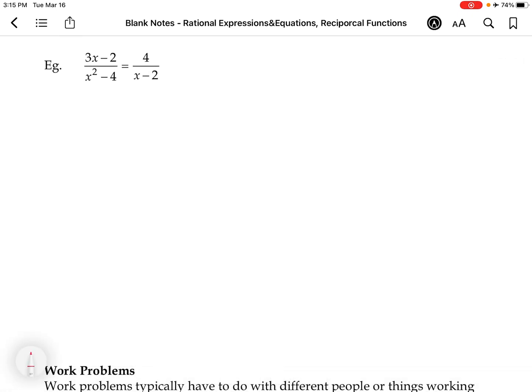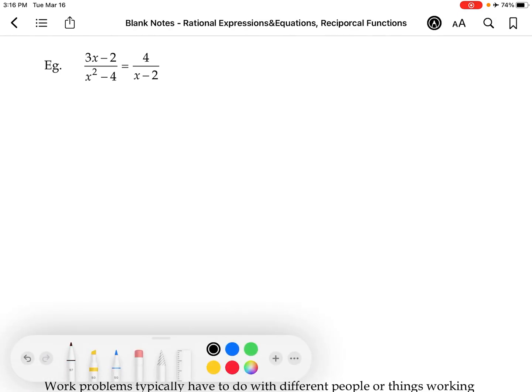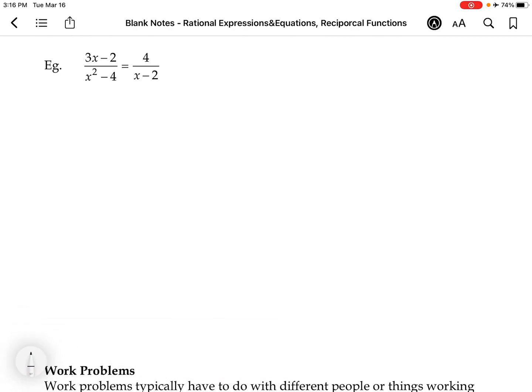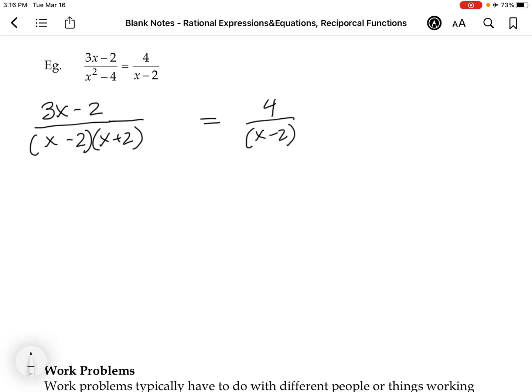Okay, so factor. So we have something to factor in the denominator. We can factor this into a difference of squares. Okay, there we go.